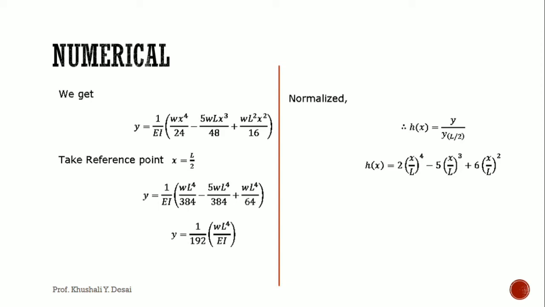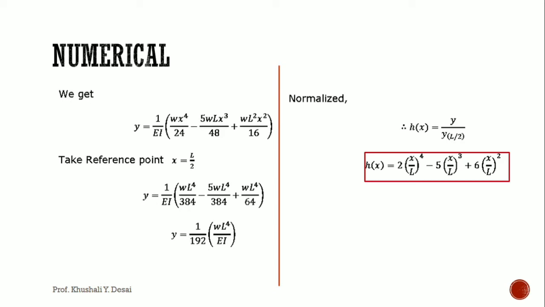So what you obtain, y is 1 by EI into, substituting all these values of C1, C2, C3 and C4. Similarly, if you take a reference point at x equal to L by 2, half length of the beam, you will get the equation of y as well. So normalized h of x becomes y of x upon y of L by 2.